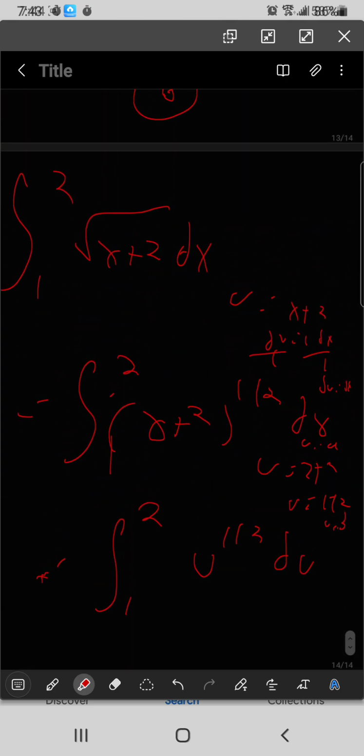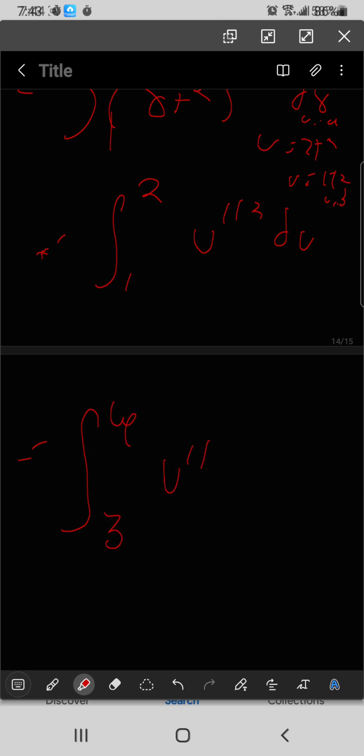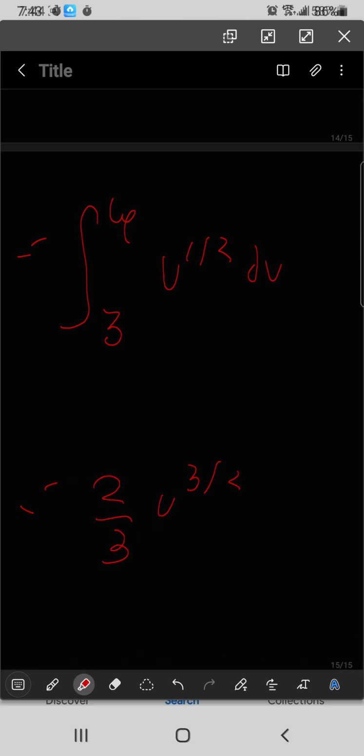So this is equal to the integral from 3 to 4 of u to the 1/2 du, which is going to be 2/3 u to the 3/2, evaluated from x equals 3 to x equals 4.